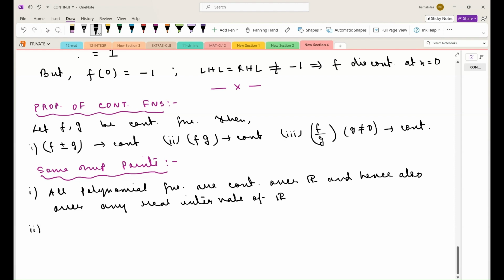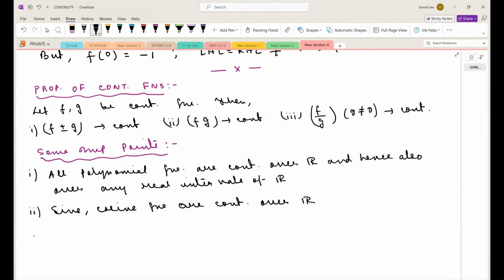Second, sine, cosine functions are continuous over whole of R. Now regarding tan x, if I say tan x is continuous over R minus (2n plus 1) pi by 2, which is actually the domain of tan x, then it is continuous.